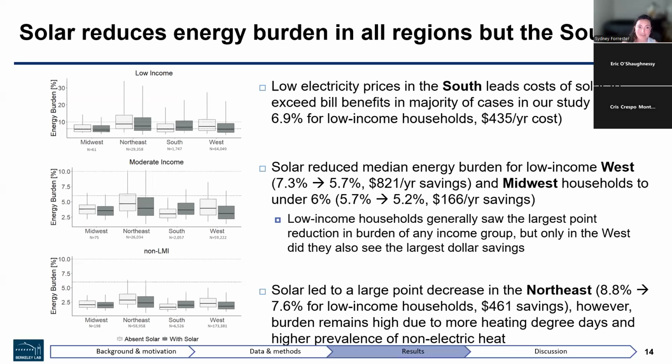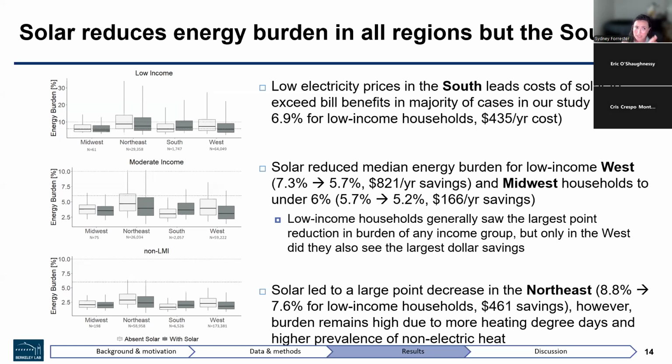But just to reiterate what I mentioned earlier, across all regions but the South, you see that solar reduced energy burden for adopters across the income groups. And again, the one exception is in the South, where the very low cost of electricity made it so that the cost of solar adoption exceeded the bill savings. And you can see here that in the Midwest and the South, you start out with pretty low energy burdens.